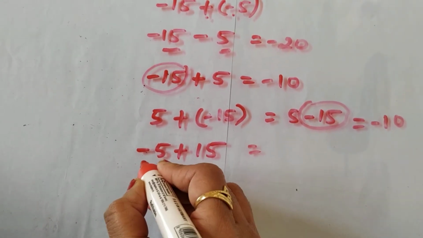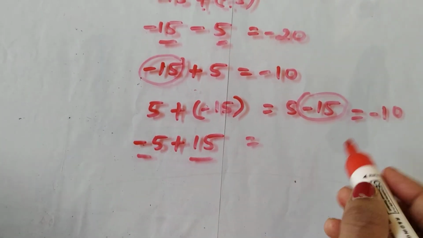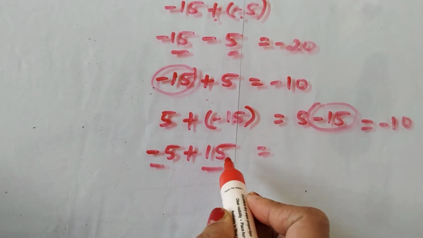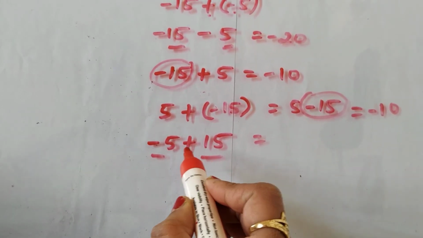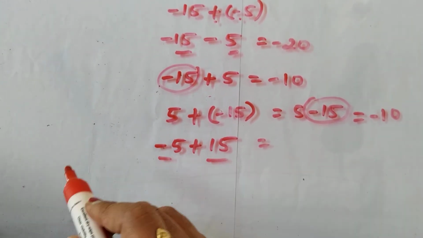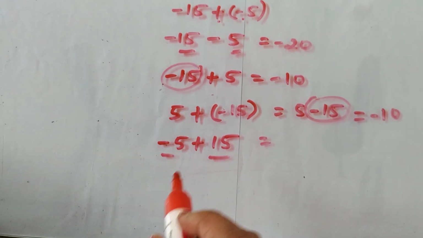Now minus 5 plus 15, so you are thinking we have to add, the answer is 20. No, both signs are different. See the sign first. Both signs are different. One is positive, another one is negative, plus and minus. So we subtract, not add.